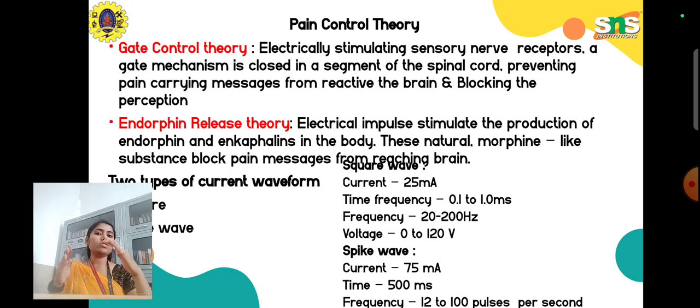It gets blocked, so people will not have pain perception. That is the gate control theory: you block the gate passage so that the pain-carrying message does not travel through the spinal cord.